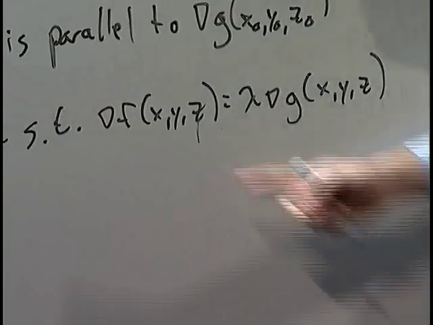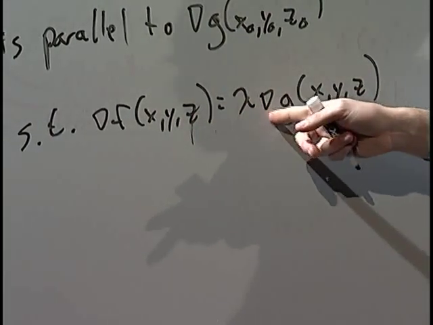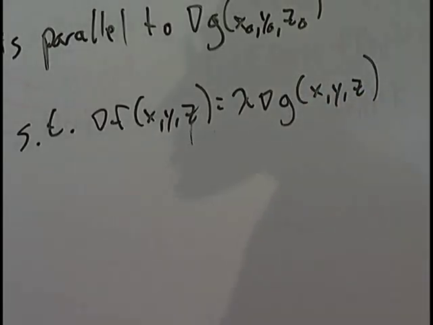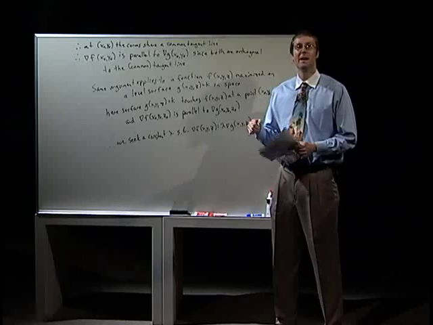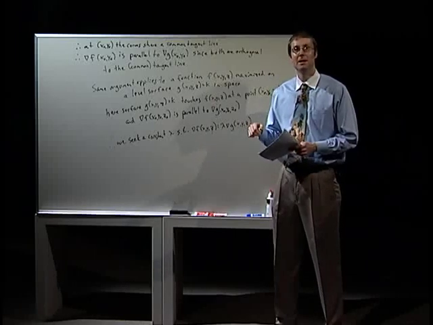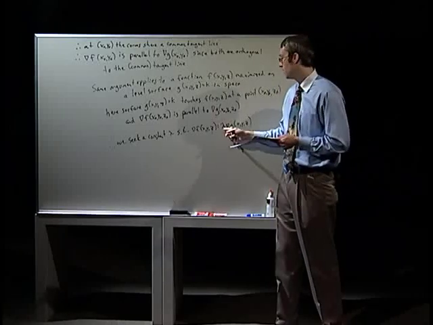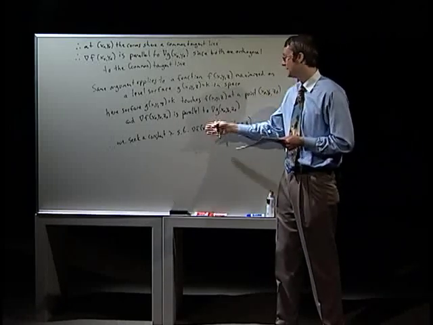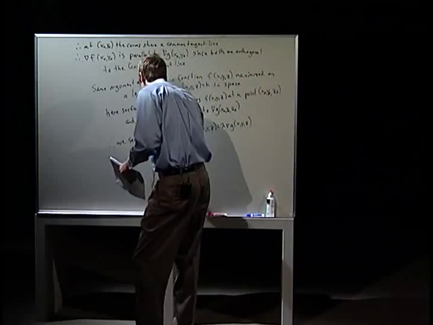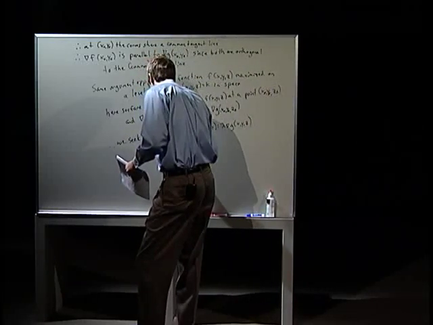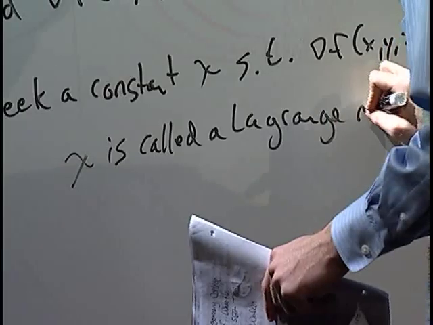So the gradient of f is a constant multiplier of the gradient of g, right? And that may happen at more than one point. It could be that those level curves touch at several different points, not all of them the max or min, but it could happen. And so the constant lambda is called a Lagrange multiplier.